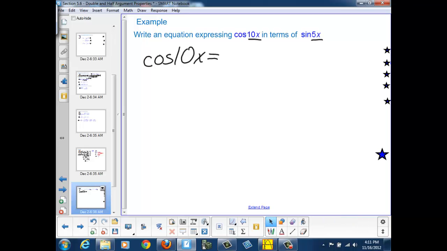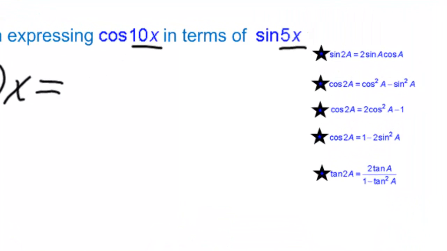So I'm going to pull out my double angle properties, since 10x is twice 5x. I'm going to look through my properties here for an expression for cosine of a double angle in terms of the sine of the single angle. And if I look closely, I will see that my third expression for the cosine of a double angle has the sine of the angle as part of its equivalent expression.